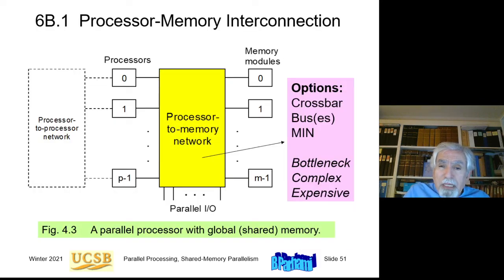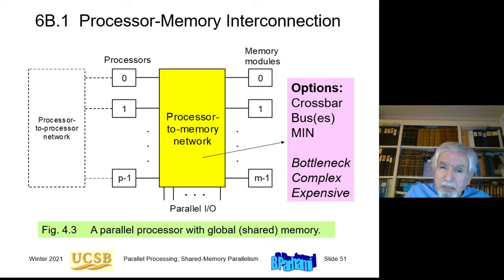Okay, recall that shared memory looks like this in abstract terms. There are a bunch of processors, P of them in this diagram, and a bunch of memory modules or memory banks, M of them.